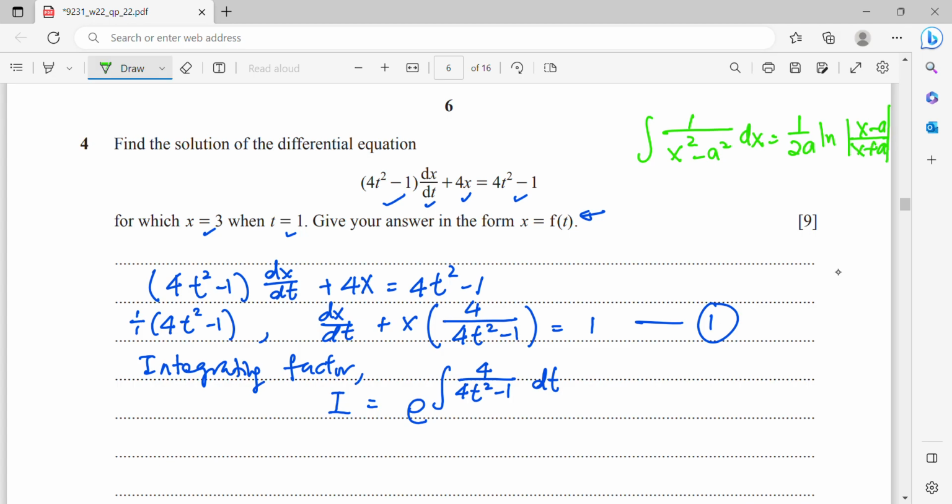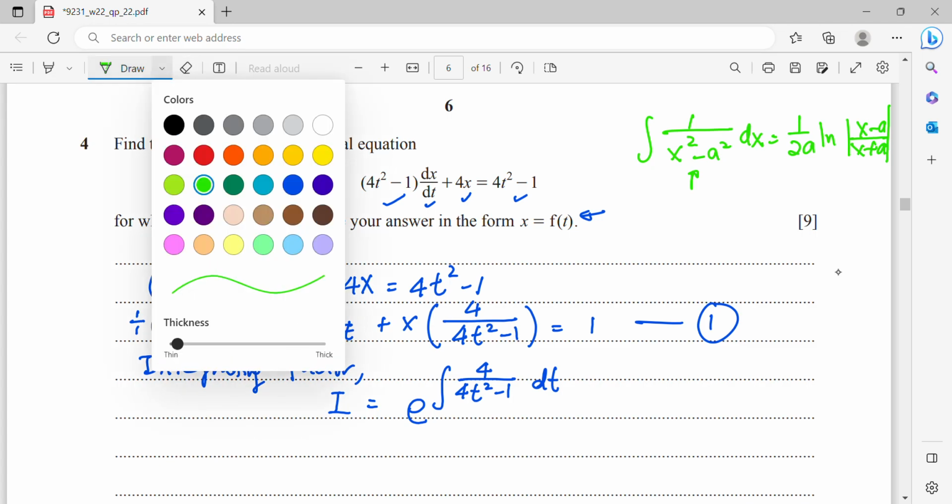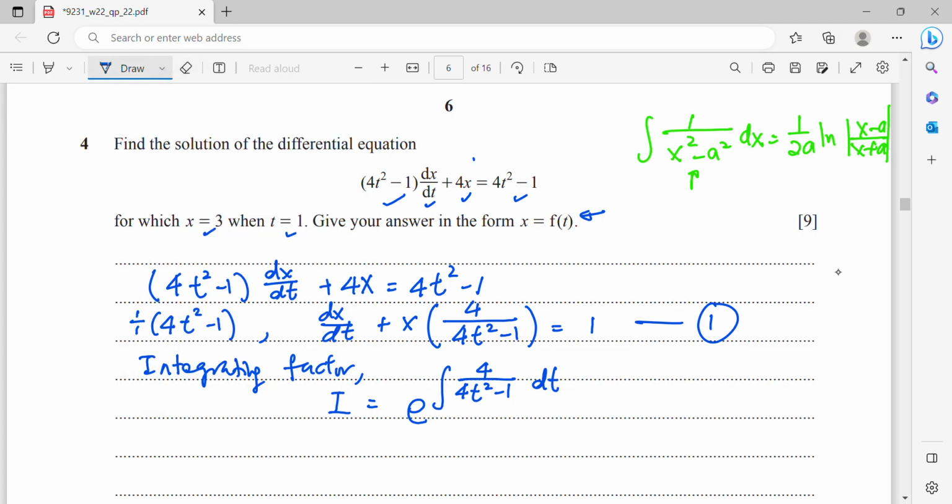I noticed that the 4t squared here can be written as the square of 2t. Then I will replace the 2t by another variable so that it will be similar to this form. So what we need to do here is e to the power of the integral of 4 over (4t squared - 1) dt.